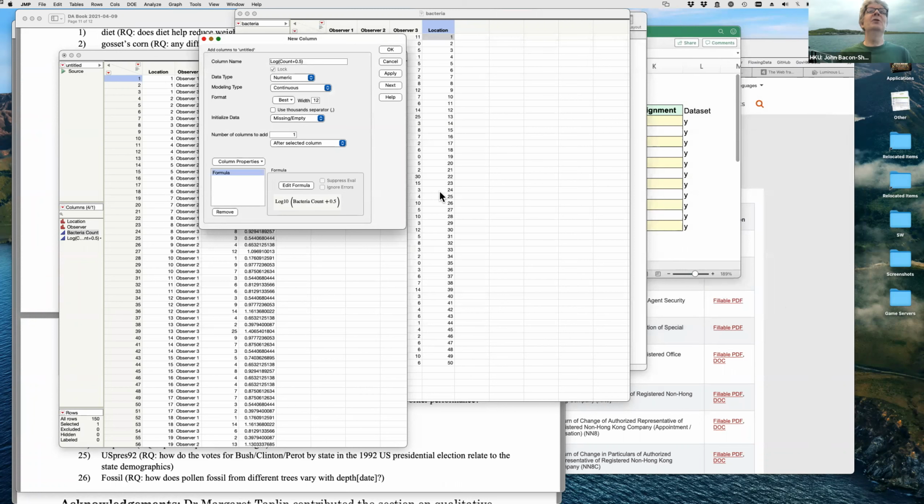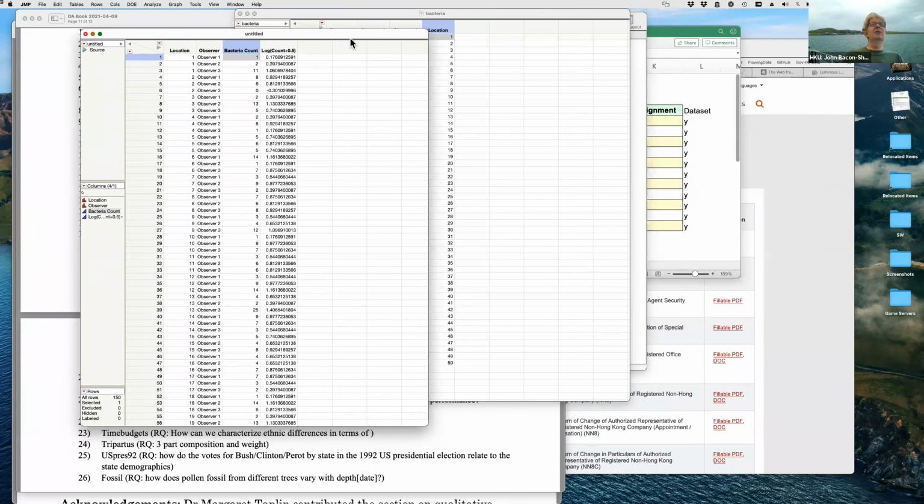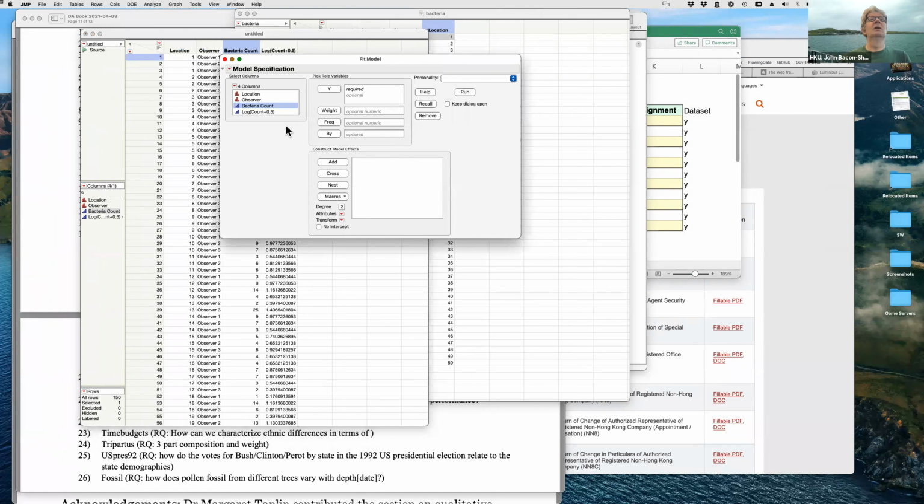So this is what people used to do approximately when they had count data. They would assume, well, okay, I still want to use normal models. Then I will do this transformation. We can again then fit our model using the log of the count plus 0.5 against location and observer.